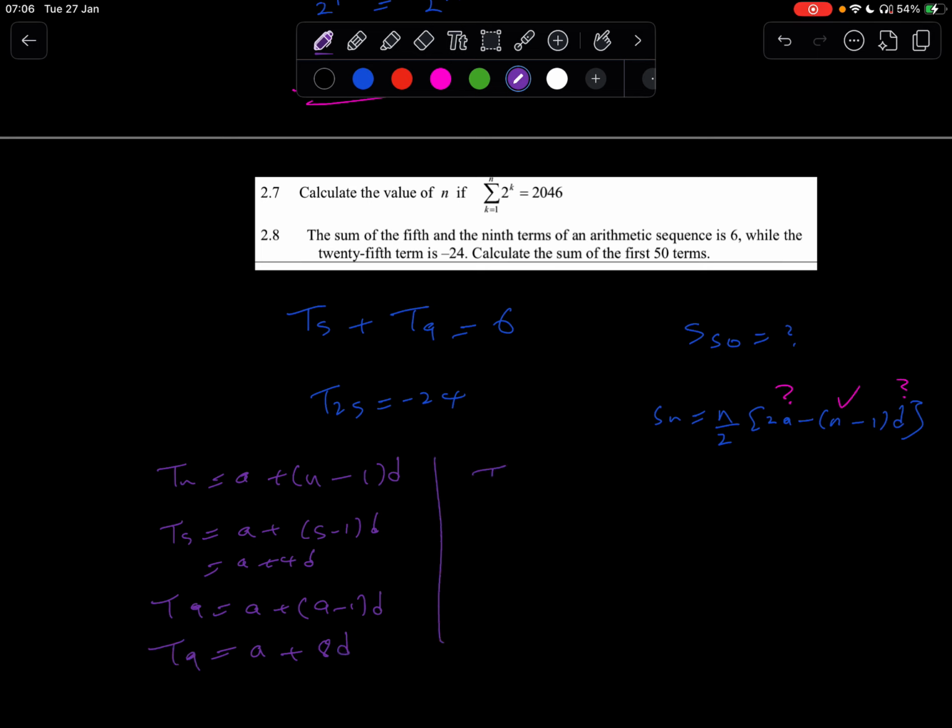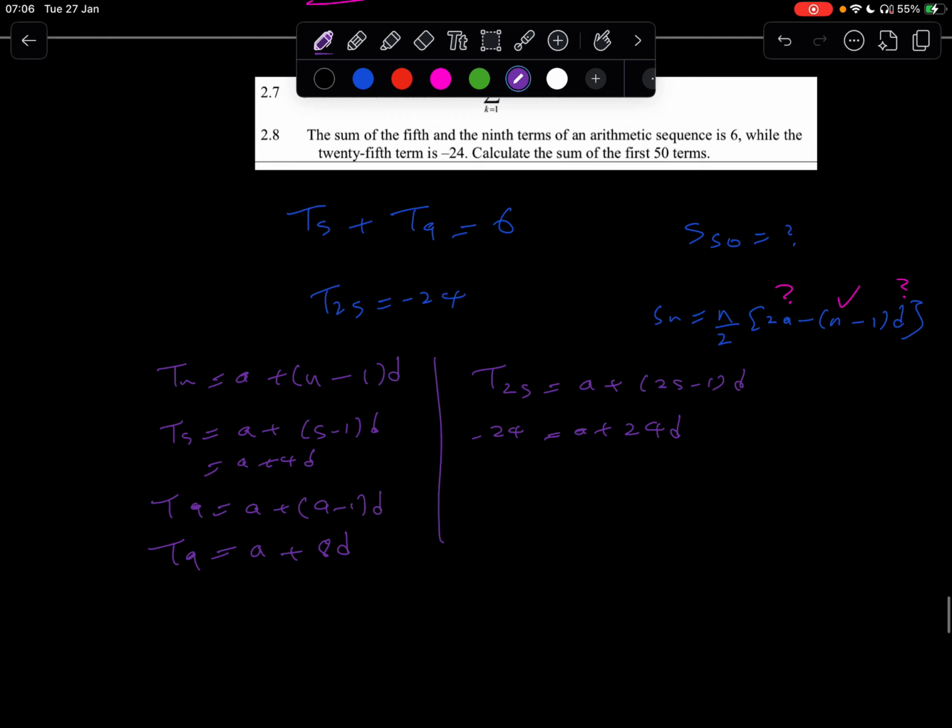That's T9. And then finally T25, it's a plus 25 minus 1 d, a plus 24d. T25 is negative 24. So we've got two equations with two unknowns, but so far we've got the first equation.